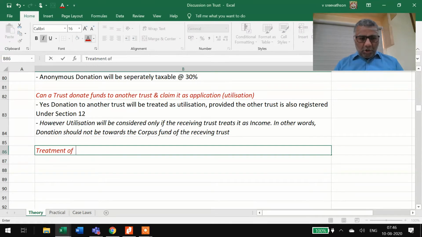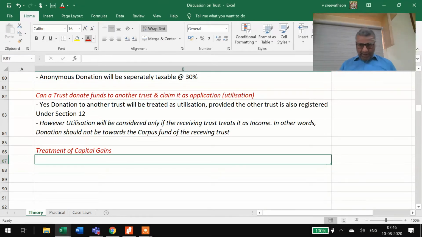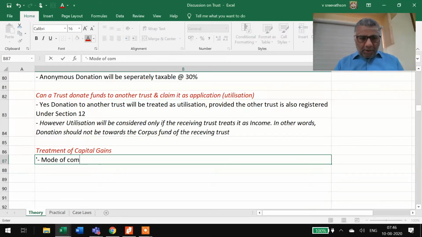Treatment of capital gains or taxation of capital gains. Mode of computation is in the normal way.